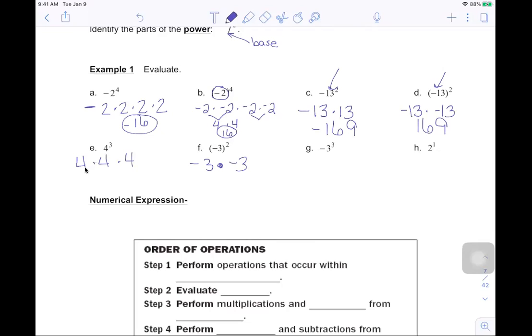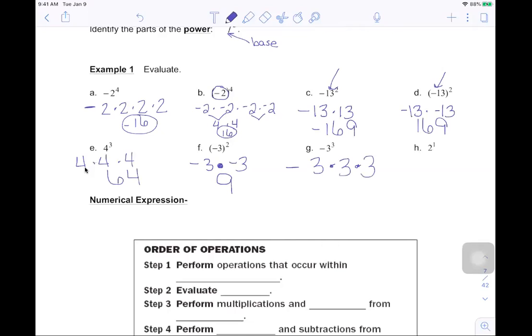So if you look at letter F, I could really just type that in as -3 times -3. So letter E should be 64. Letter F should be 9. And then for letter G, this one's the one without parentheses. So I would write negative, and then I'm just typing in 3.